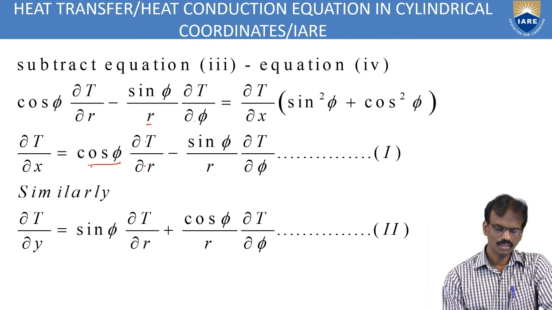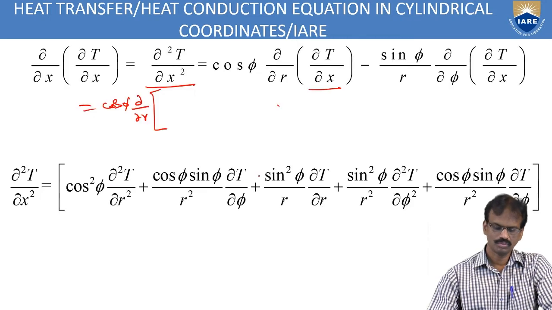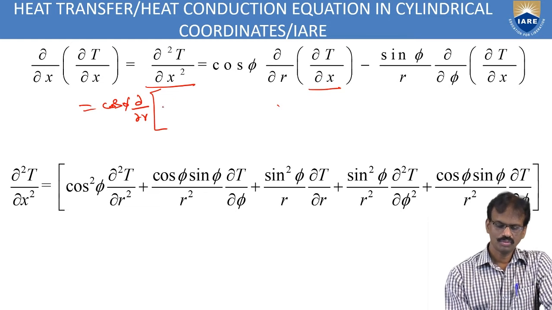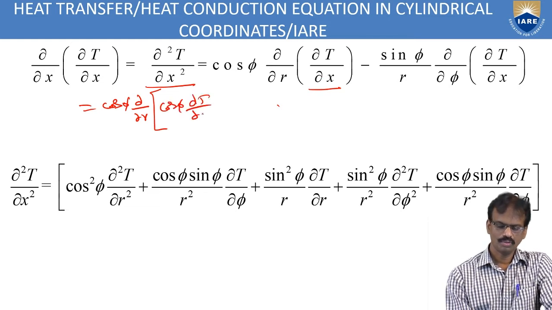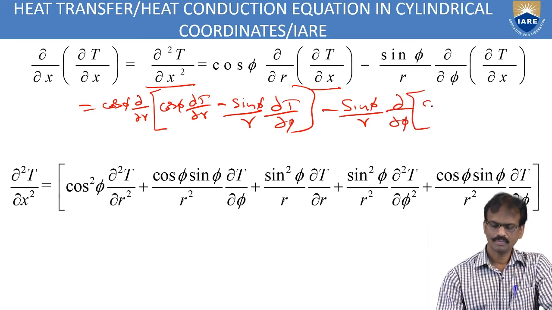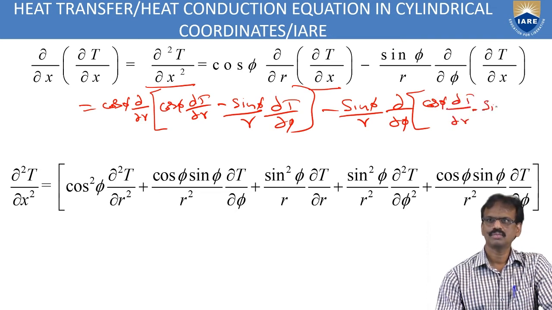Okay, ∂T/∂x is equal to cos φ ∂T/∂r minus sin φ by r into ∂T/∂φ. So ∂T/∂x is equal to cos φ ∂T/∂r minus sin φ by r into ∂T/∂φ, minus sin φ by r into ∂/∂φ of again cos φ ∂T/∂r minus sin φ by r into ∂T/∂φ.